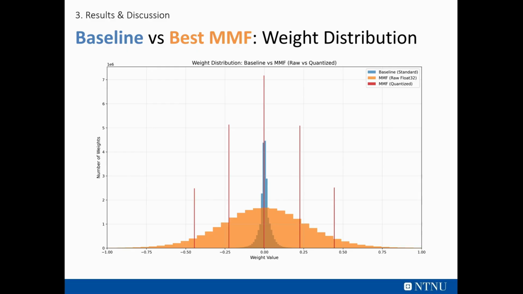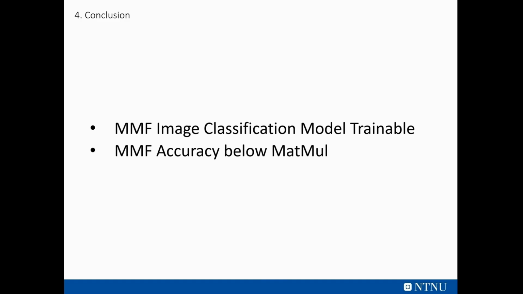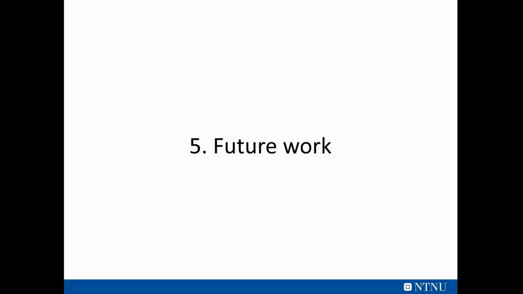Not ternarized, because the best matmul-free model was quinary, so it was quantized to 5 values. This way, the main conclusion of the project is that the matmul-free image classification model works and is trainable, but the accuracy is still below the matmul baseline model.